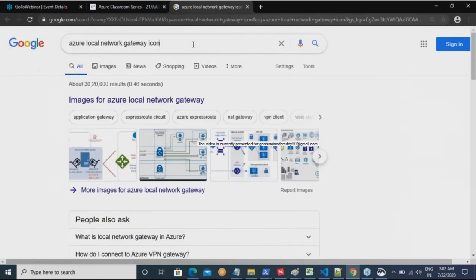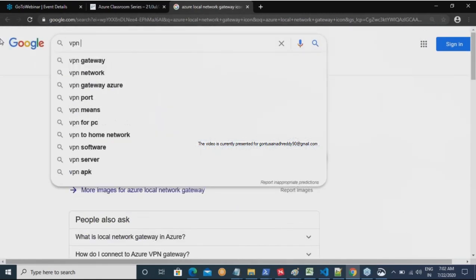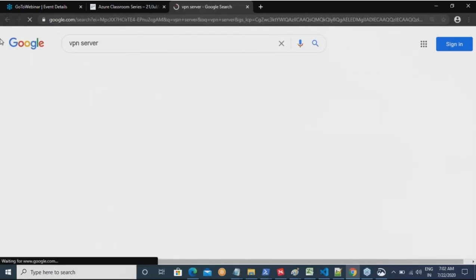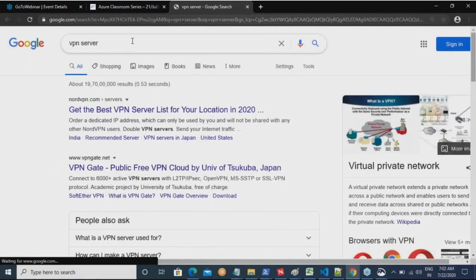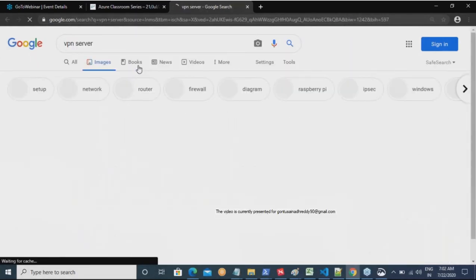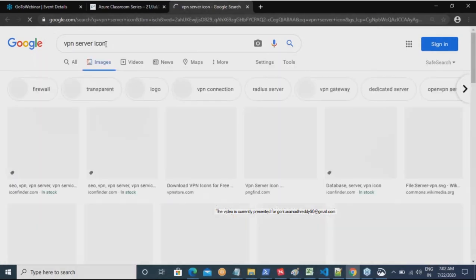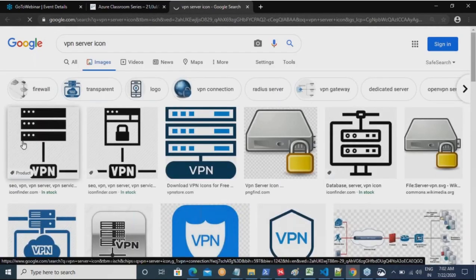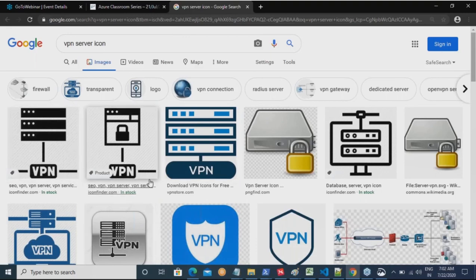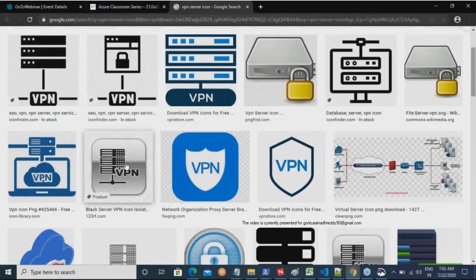Okay. So let me try to put this VPN server icon. So your organization will have some kind of VPN server, right? Yeah. So let me put this as a VPN server.